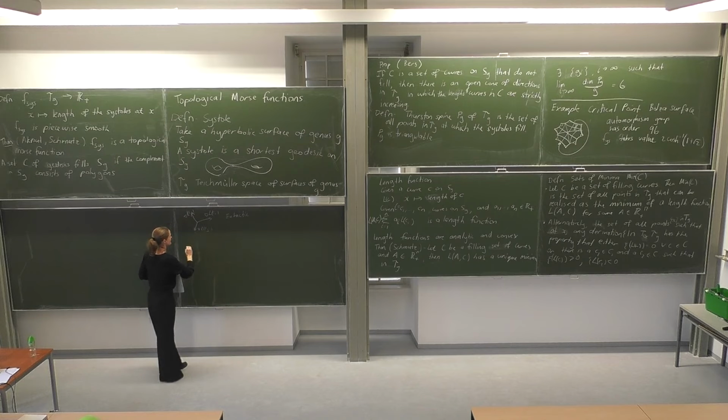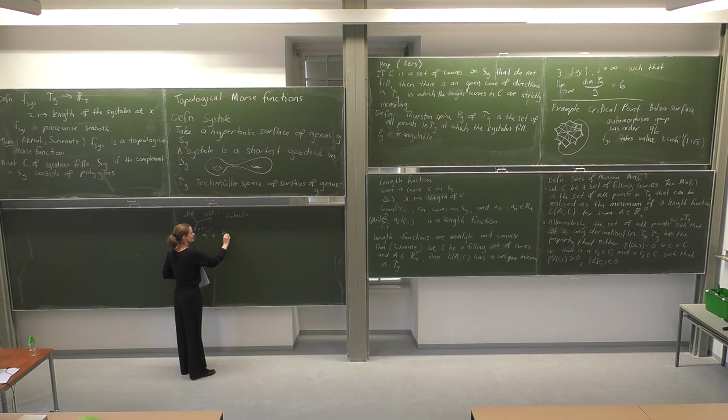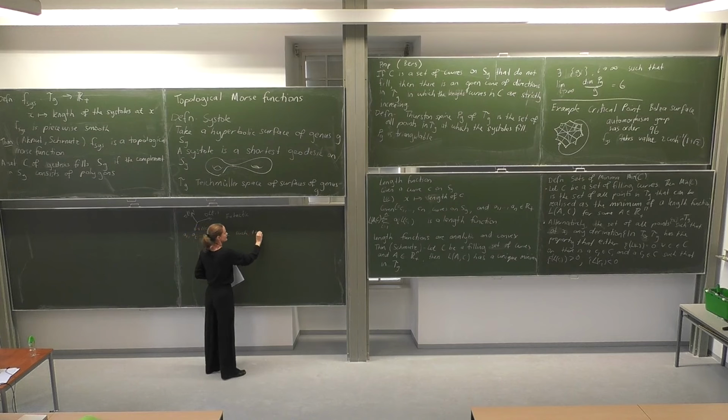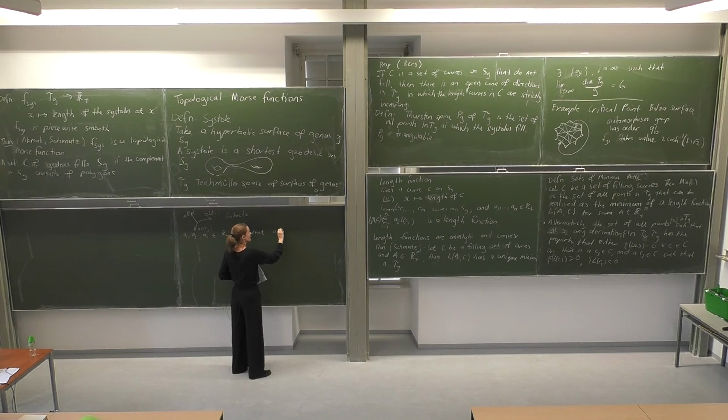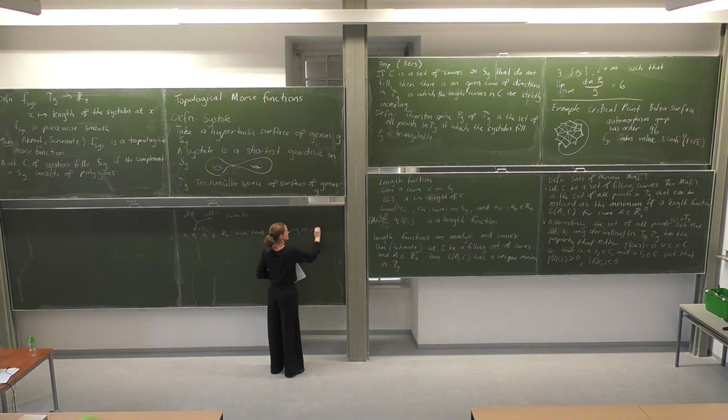Then there's an A1, A2, and A3 such that the sum is 0.